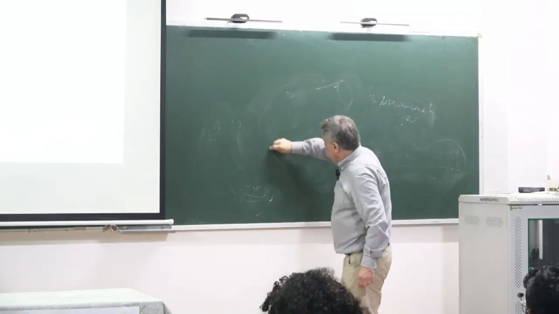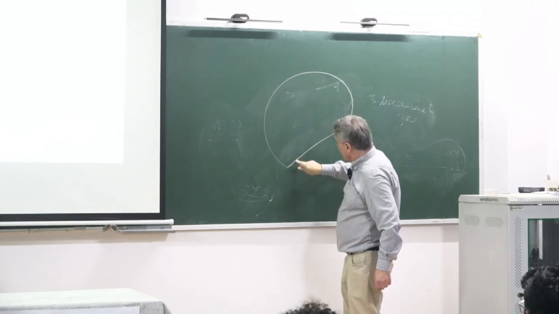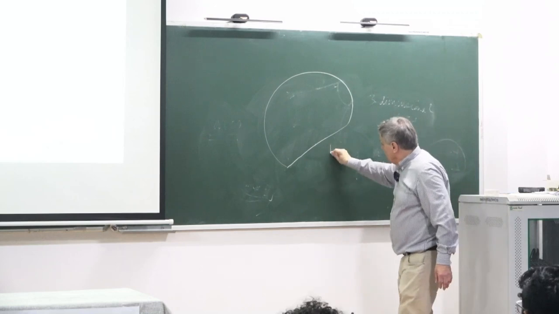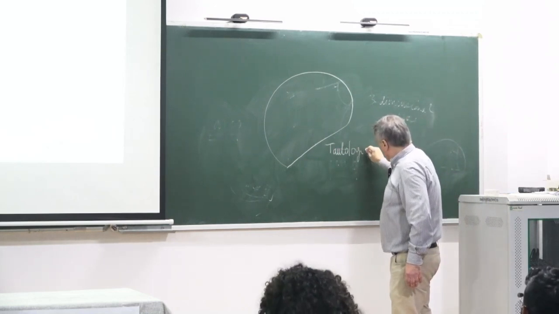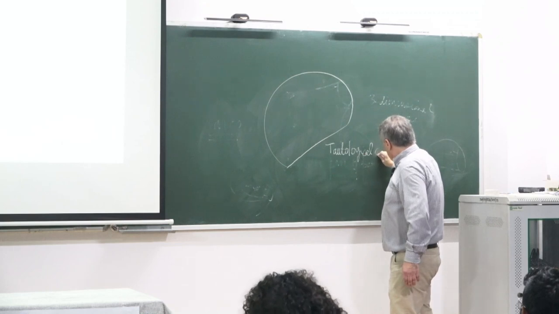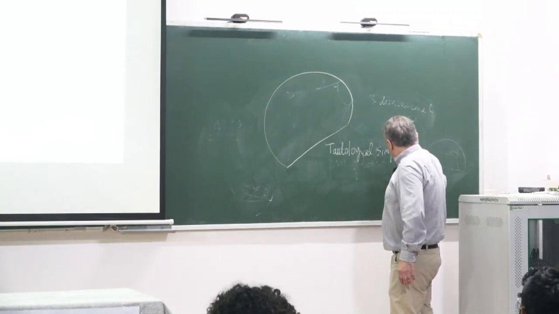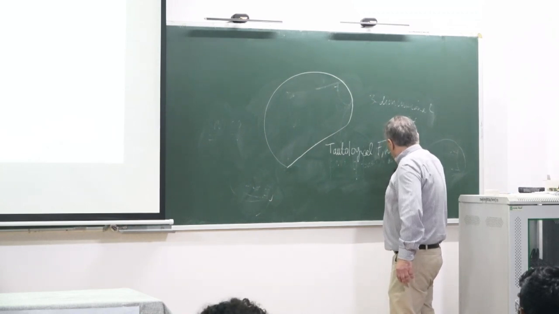You take a convex set. This convex set maybe has some line on the boundary. This is a tautological Finsler structure.